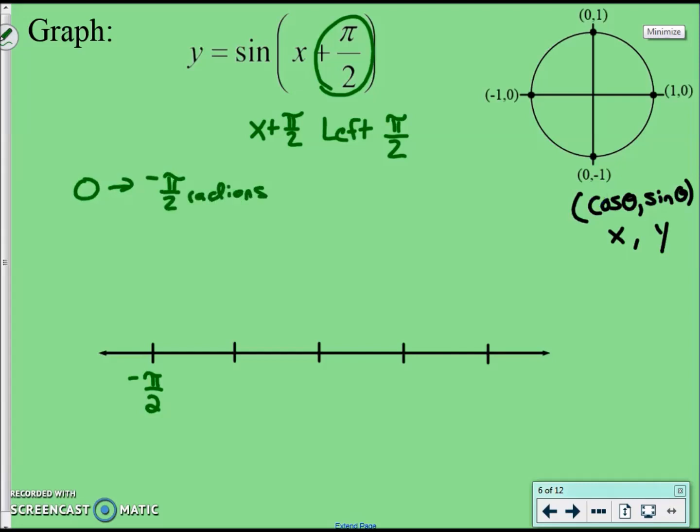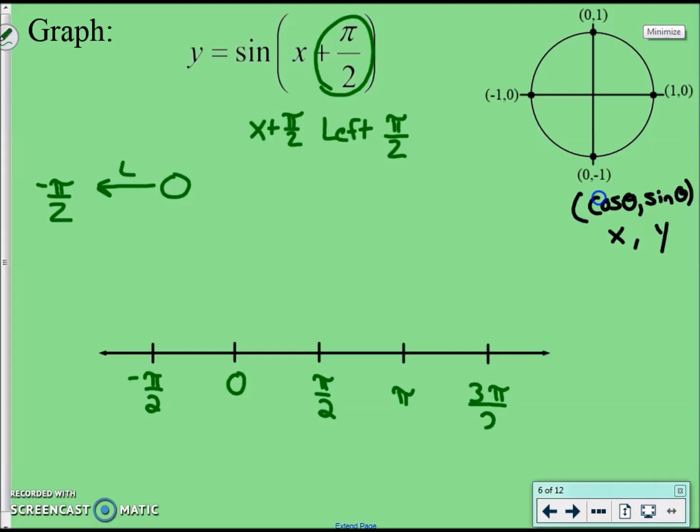We would normally start at 0 radians, but since we're shifting to the left negative pi over 2 radians, this would make this 0 radians. This would make this pi over 2 radians, pi radians, and 3/2 pi radians. It's still going to be a full 2 pi radians.